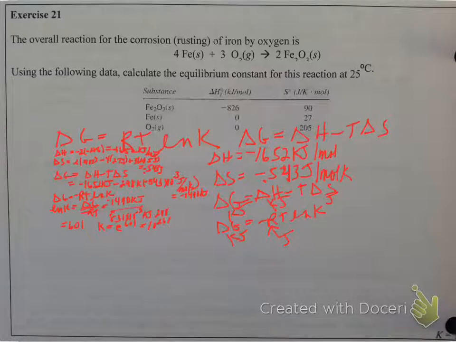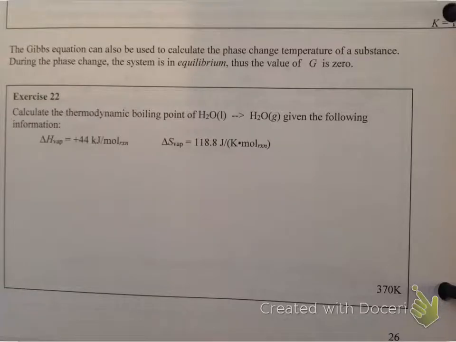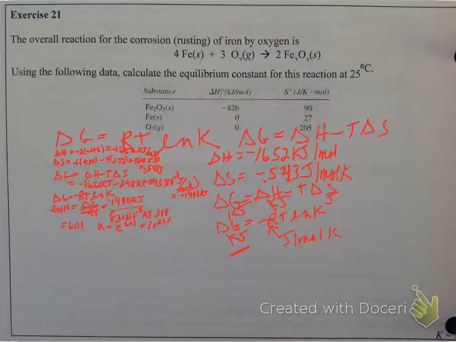I plug them into delta G equals negative RT ln K, and this is probably the one area that people are most likely to make a mistake: delta G is in kilojoules, my R value is 8.314 joules per mole K, so I need to change that to kilojoules to make it work. Alrighty?